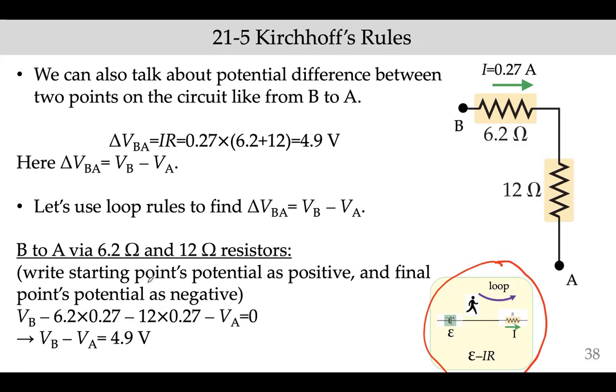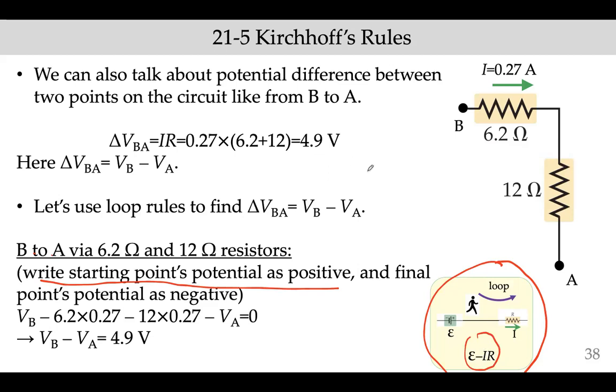So by using the loop rules, from B to A, we will calculate the potential difference. Write the starting point's potential as positive. You can move up to down or down to up, but let's move in the direction of the current so that we can directly put a negative sign and write it as IR.